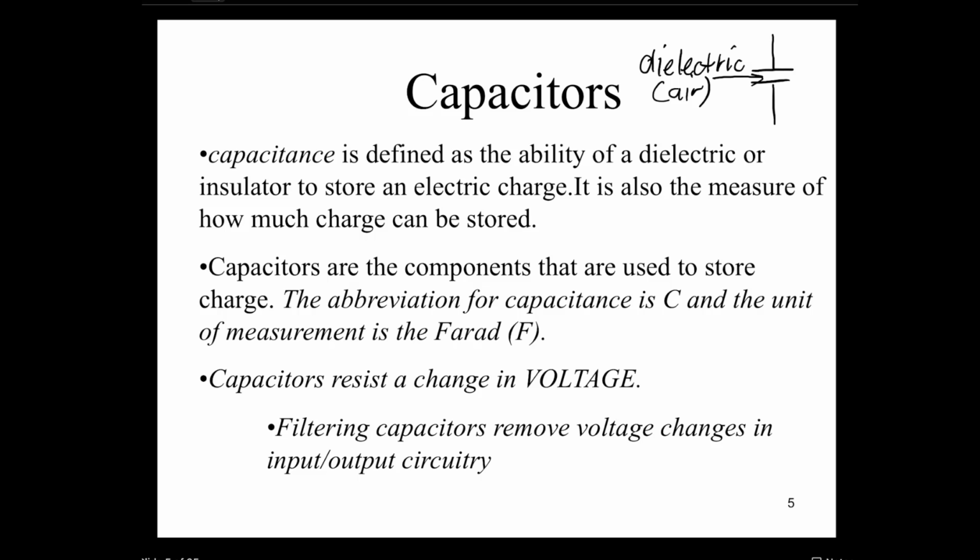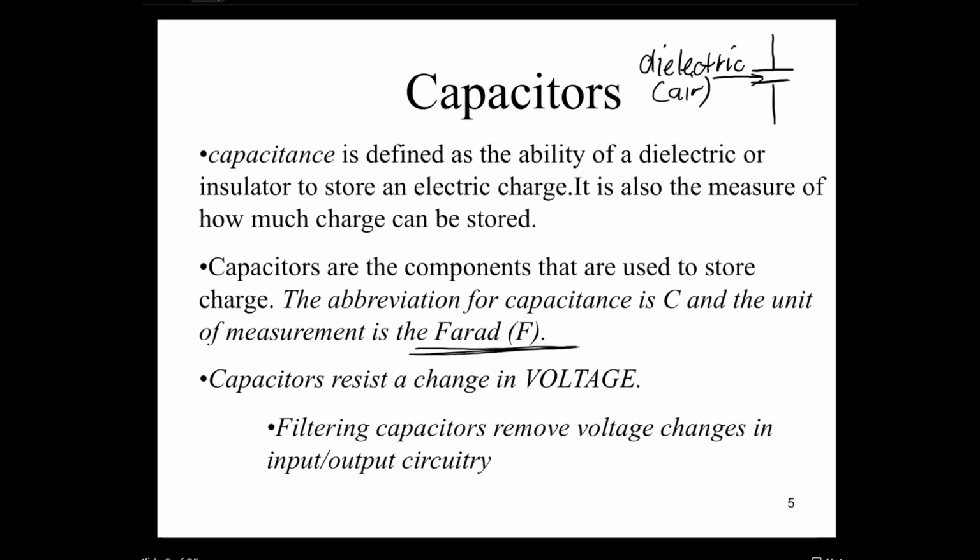So capacitors are components that are used to store charge. The abbreviation for capacitance is C, and the unit now, it's not henries or ohms, but it's farad. Now, once we convert a capacitor to its value of reactance in an AC circuit, where we're determining its opposition based on omega, or angular velocity, then of course we're going to be looking at its value in ohms.